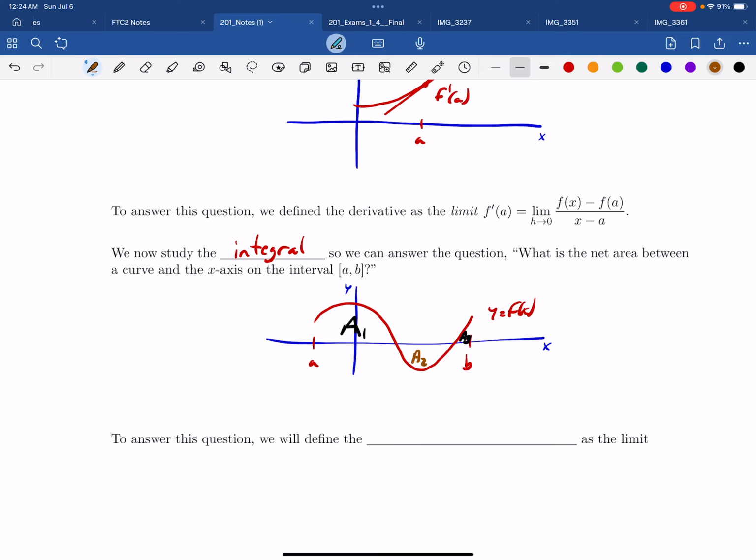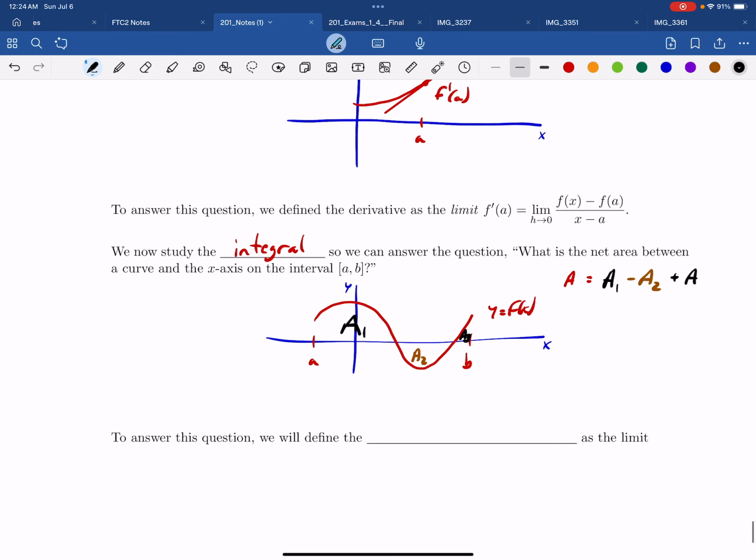You'll see why in a sec. We would say that the area under the curve on a to b equals a1 minus a2 plus a3.